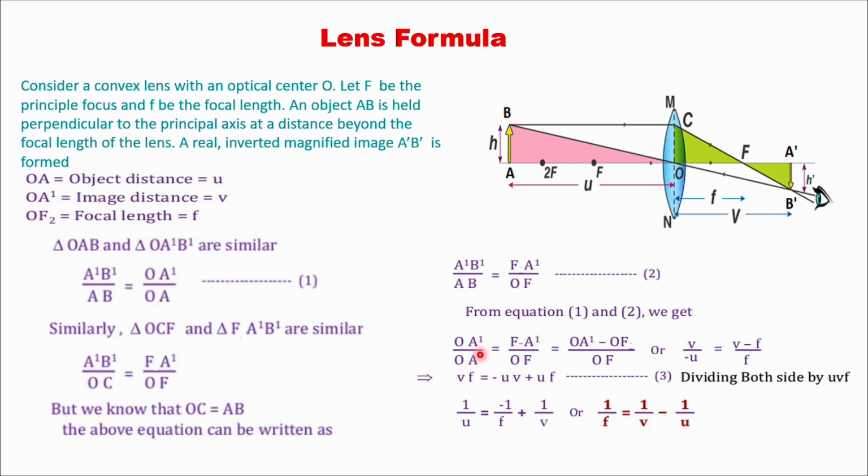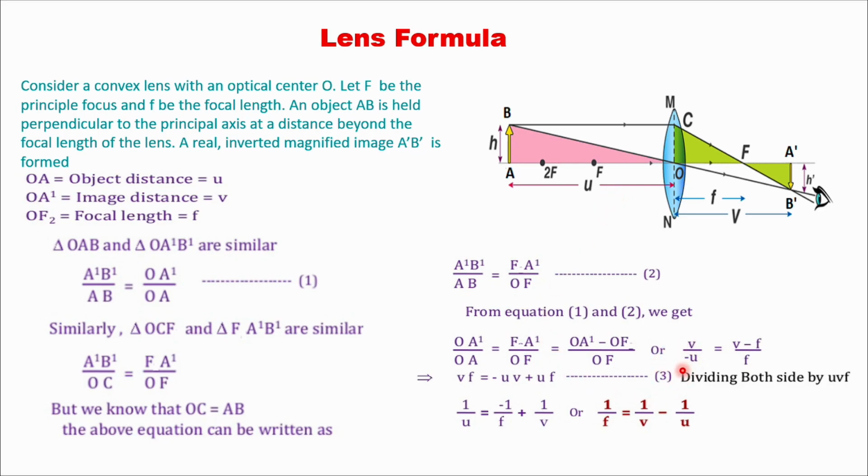So from equation 1 and 2, I can write it as OA dash divided by OA equals FA dash divided by OF. So what is FA dash? See the diagram. It is OA dash minus OF. And OA means what? This is U. Why is it taken as a negative?